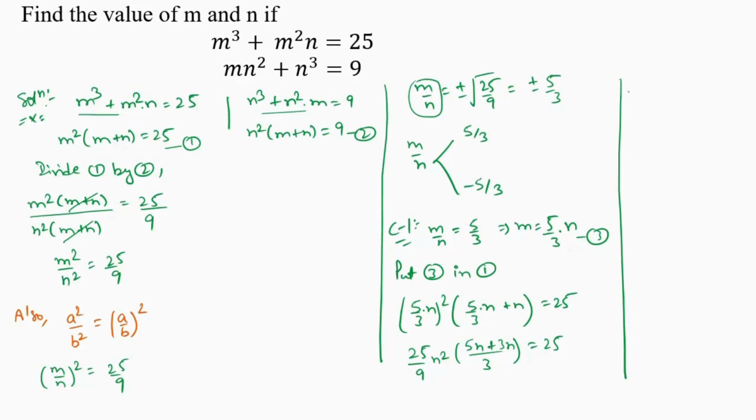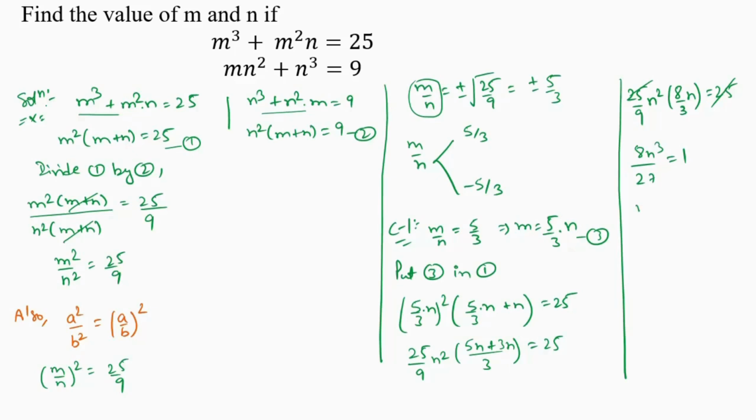On solving this we get 25 by 9 n square times 8n by 3 equals 25. 25 and 25 will cancel out, so we get 8n cube over 27 equals 1.